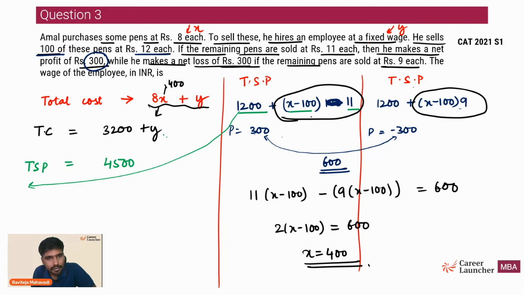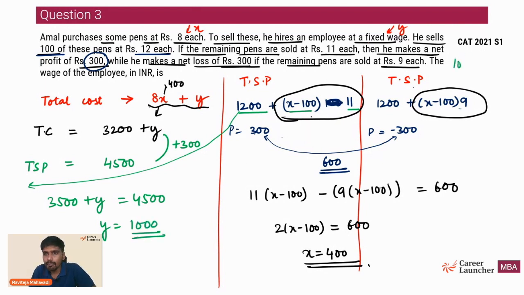As a result, in the first case, you are making a profit of 300 rupees. So you have 3500 plus Y should be equal to 4500. So what should be Y? Your wage per day is 1000 rupees. The wage of the employee is 1000 rupees.